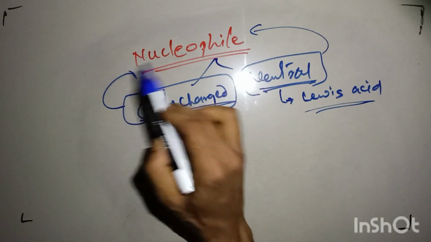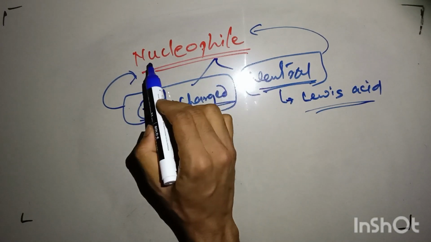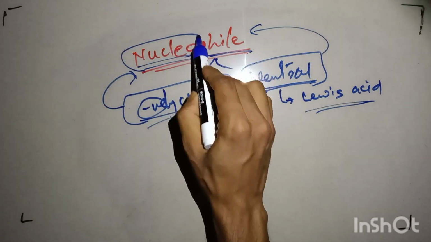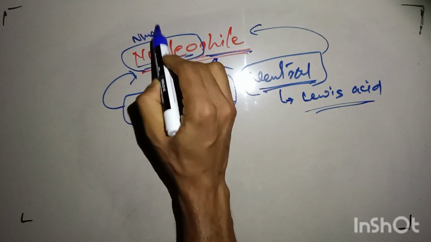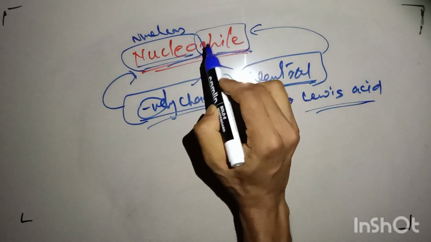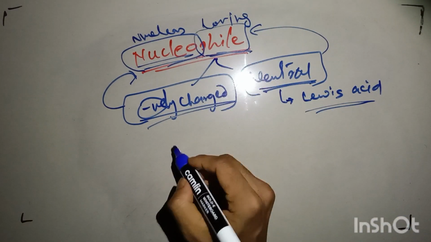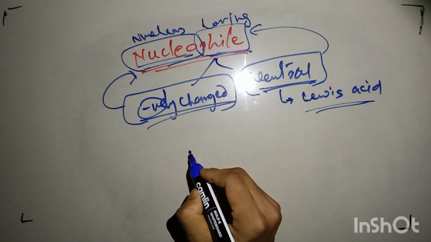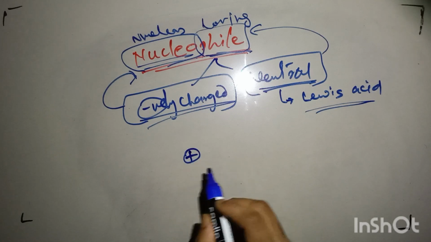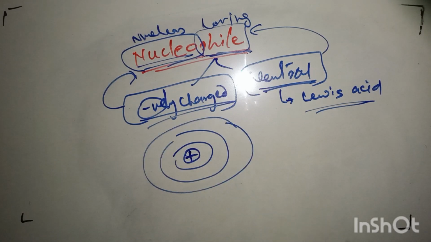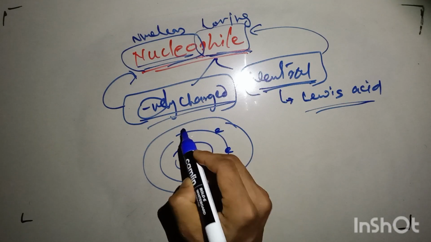In another way, if we break the name nucleophile, nucleo means nucleus, phile means loving. So nucleus loving. Now in an atom, a nucleus will be there, surrounded by shells in which electrons will be filled.